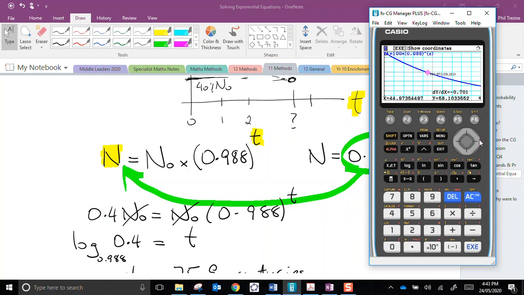Keep on running down there, getting close, getting very close. Oh, that's about as best as I think I can do. And what have we got? 75.9. Very close to the answer we had.